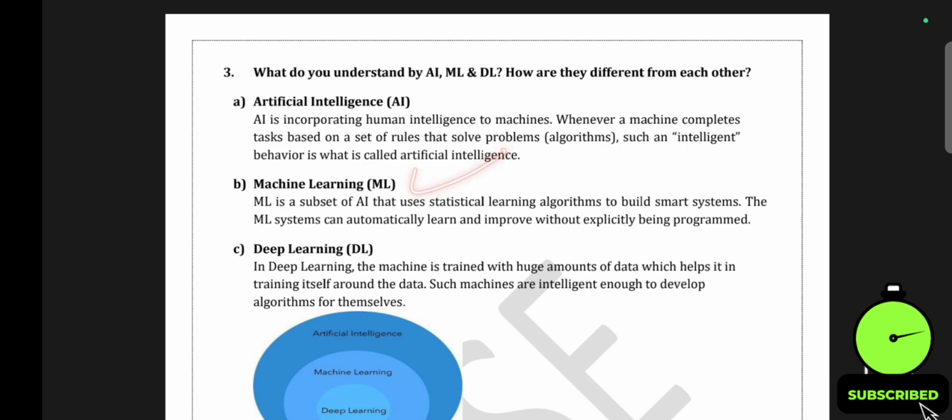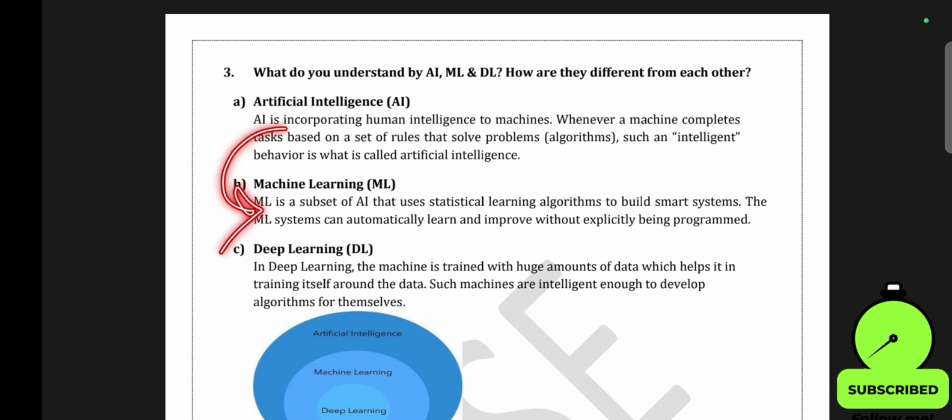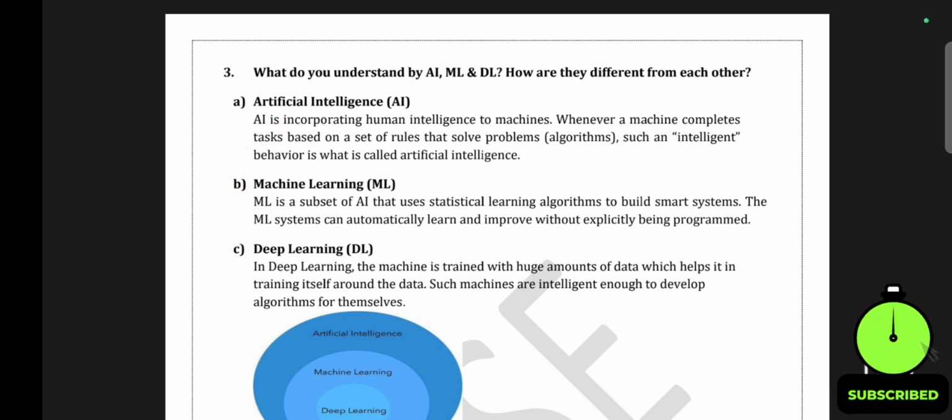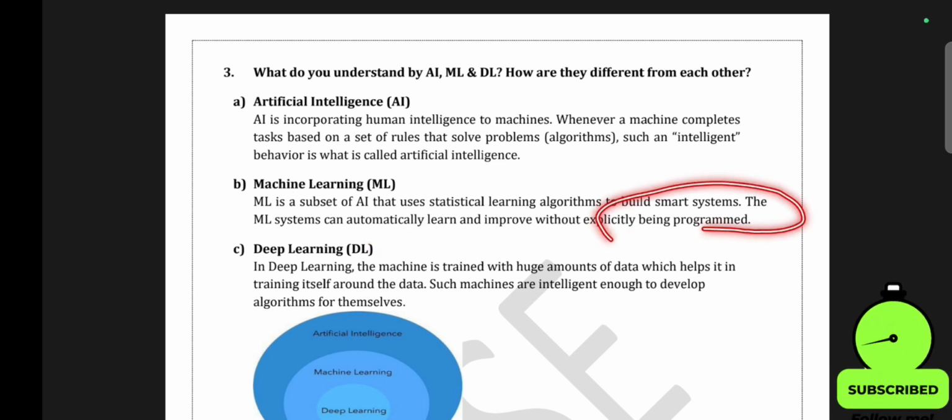Now, what is ML? Machine learning. ML is a subset of AI that uses statistical learning algorithms to build smart systems. The ML system can automatically learn and improve without explicitly being programmed.